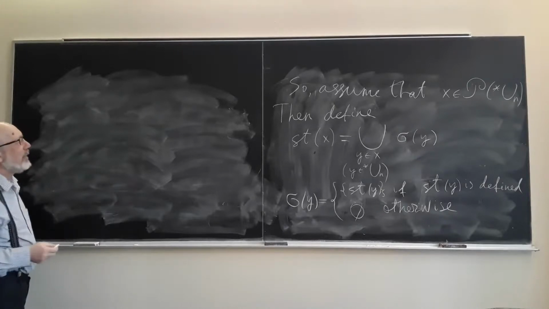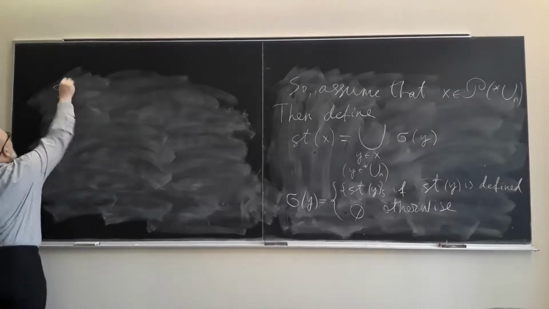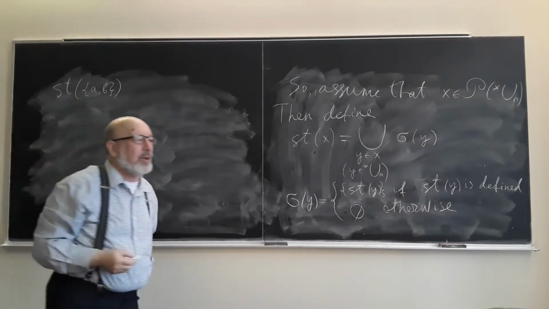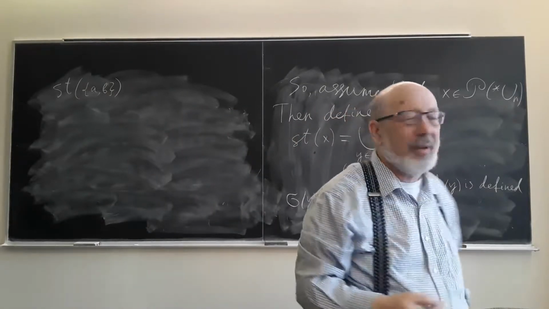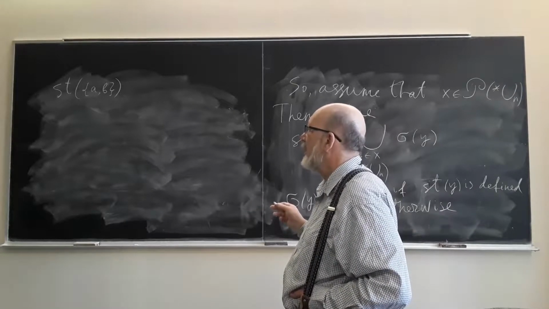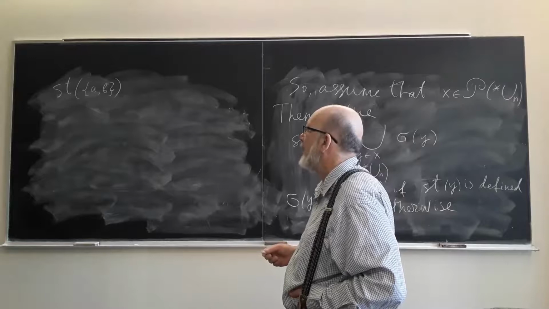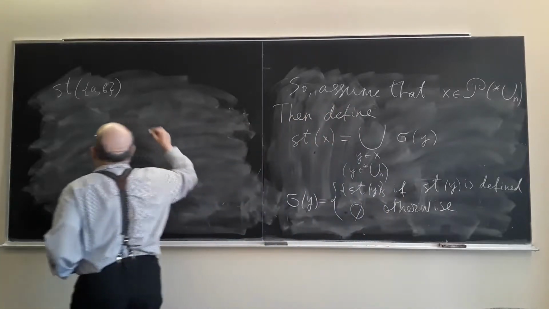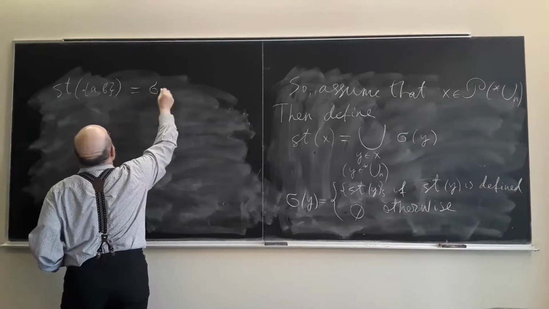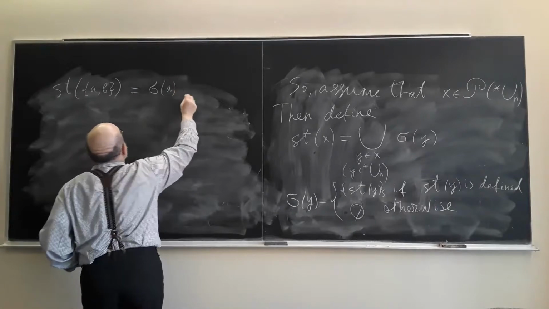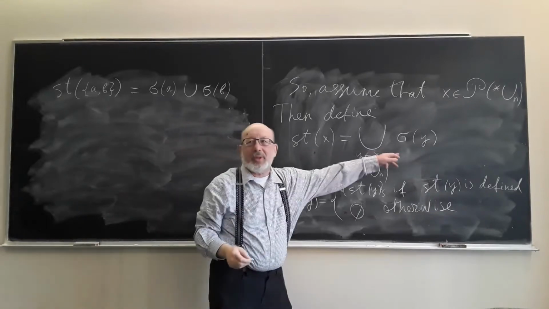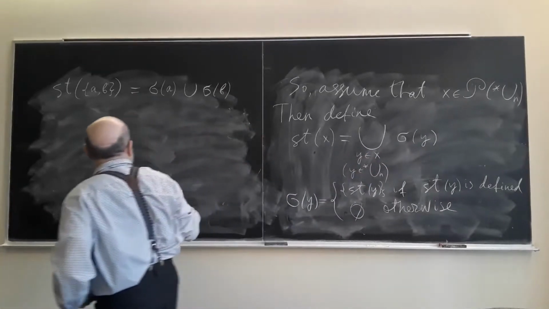Consider the simplest case, the standard part of a pair. We have two elements A, B. We form a pair of them. It is a set. If A and B are somewhere in U n, then the pair is an element of U n plus 1. By definition, its standard part equals sigma of A union sigma of B, because it is written here. And what is this?